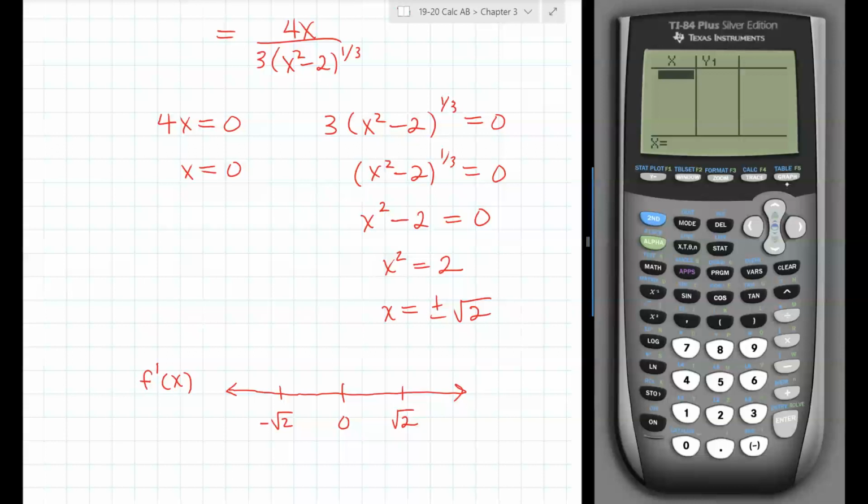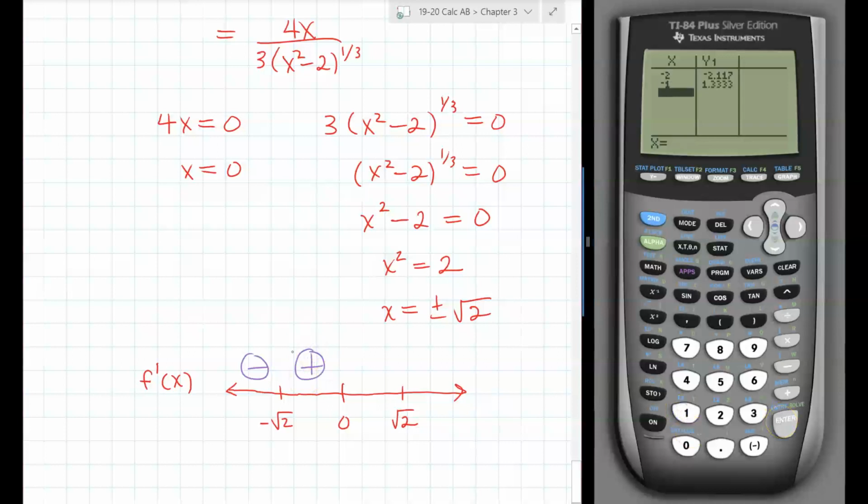So I'm going to plug in a negative 2, which is less than negative radical 2. So let's try negative 2, and the answer is negative. So I'm going to put minus. Okay. And then I'm going to plug in a negative 1, and the answer is positive.